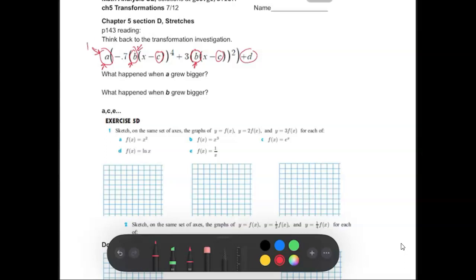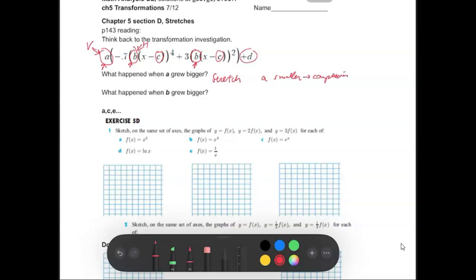So A is vertical and B is horizontal. When A became a bigger value, that was a stretch as opposed to a compression. So when A was smaller, closer to 0, then it was a compression.